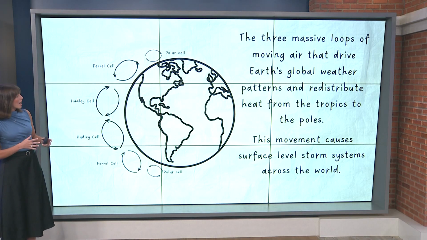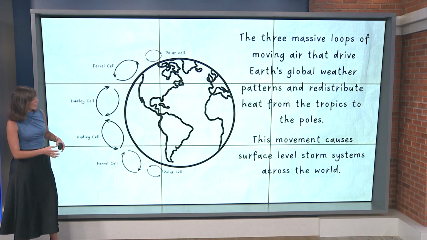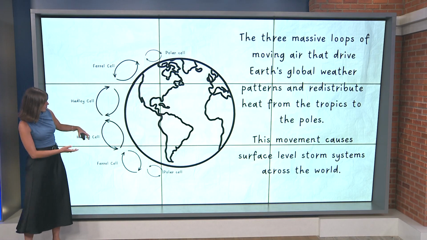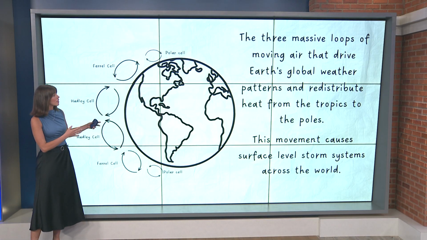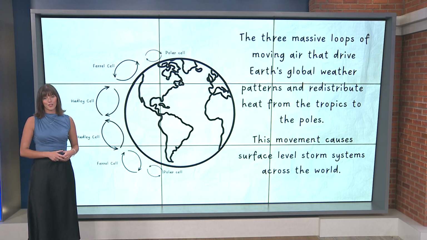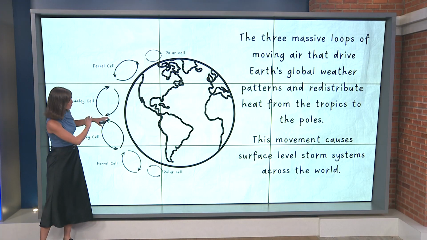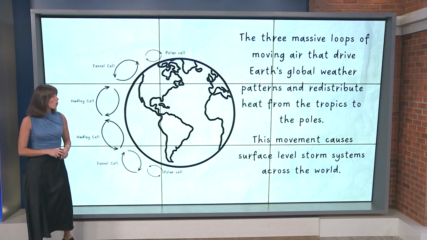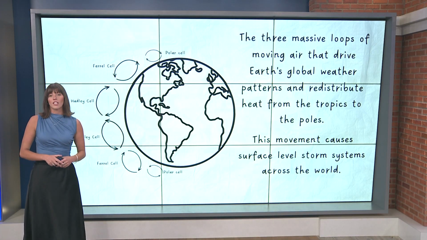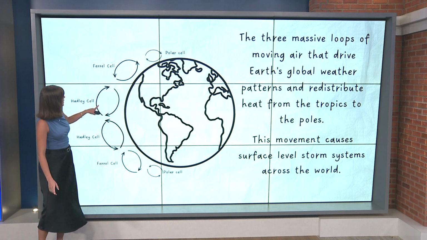These three massive loops take up the whole world, north of the equator and south of the equator, and are loops of moving air that drive Earth's global weather patterns. They redistribute the warm air at the tropics around the equator to the poles, and that movement causes a lot of surface level storm systems, especially with this Ferrel cell.